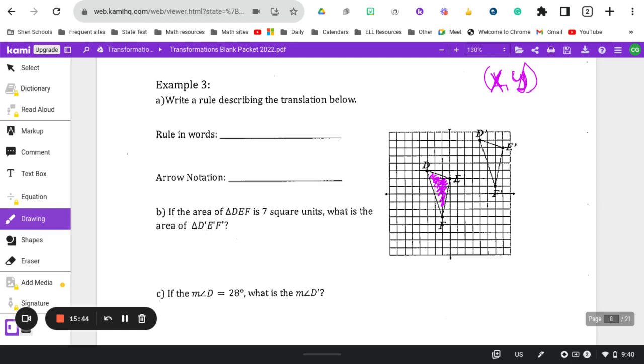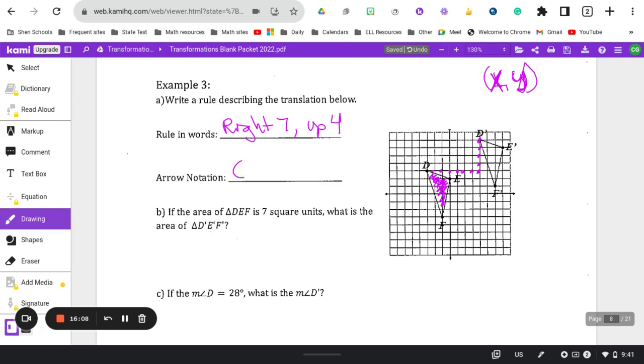So if I go X, I have to go to the right 1, 2, 3, 4, 5, 6, 7 units right. And then I'm going to go up 1, 2, 3, 4 units up. So in words, I went right 7, up 4.